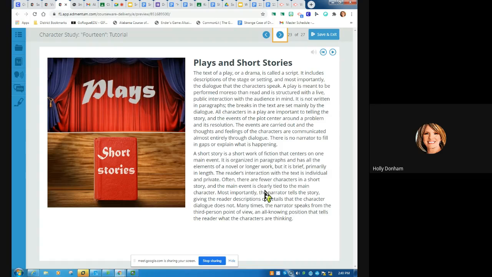The main event is tied to the main character. Most importantly, there's usually a narrator that tells the story, that fills in the descriptions and the details that the character dialogue does not. Many times, the narrator speaks from third-person point of view, an all-knowing position that tells the reader what the characters are thinking.